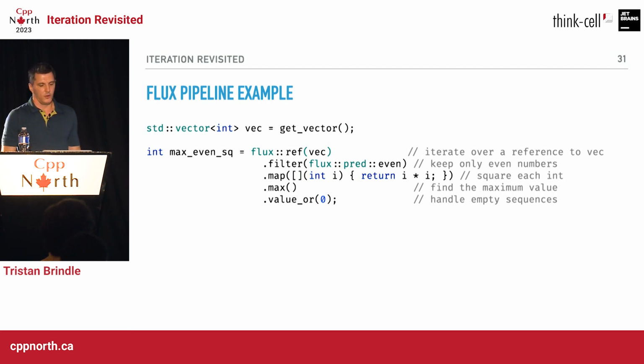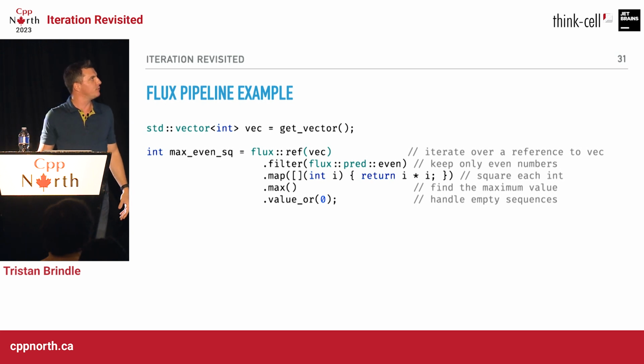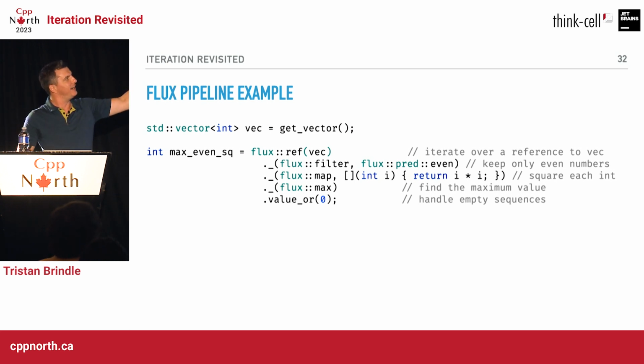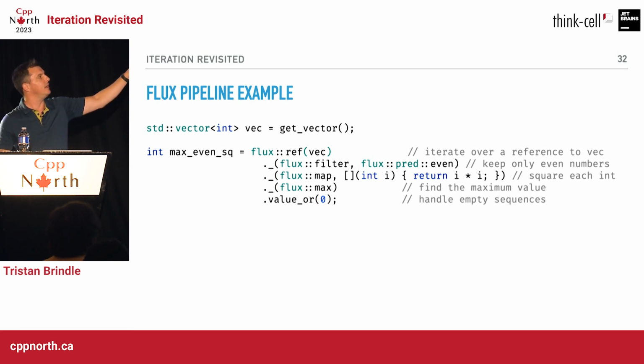So we write the pipeline like this. Actually, if we wanted to, we could write it in a slightly different way. We could write it like this instead. So Flux has this underscore function, and what this allows you to do is if you have custom Flux sequence adapters or custom Flux algorithms, you can incorporate them into a pipeline like this.